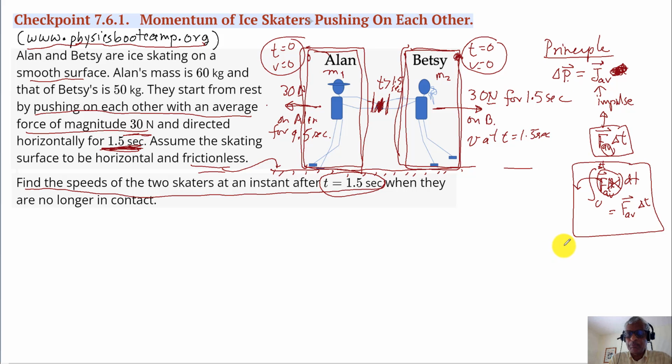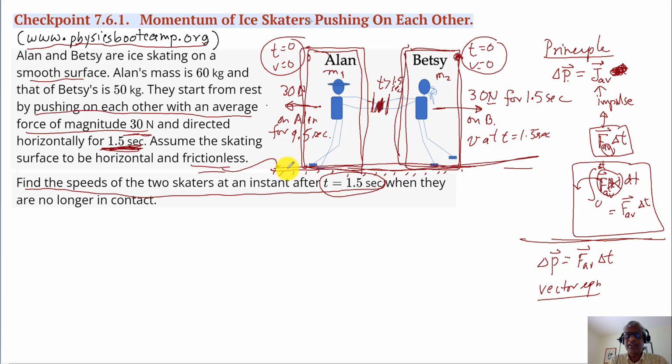So what we've got as the principle here means delta p vector equals F average times delta t. We can use this, and this is a vector equation. Although this is just a one-dimensional case, whenever there's a vector equation, you should think in terms of vectors. You can pick a positive direction and a negative direction if there's just one line.